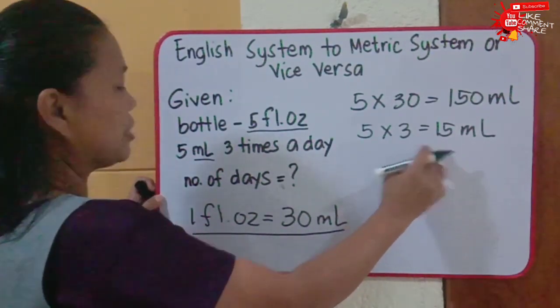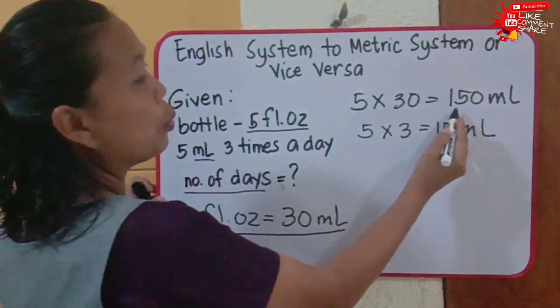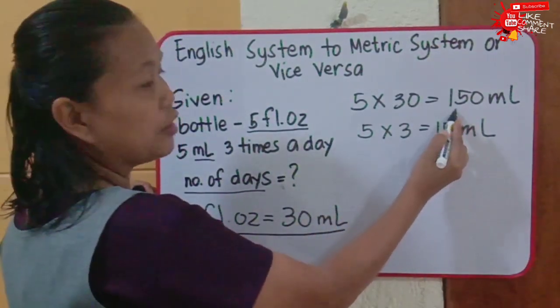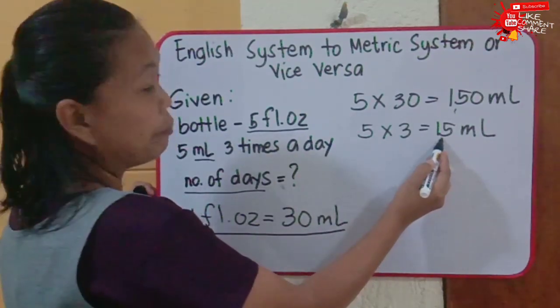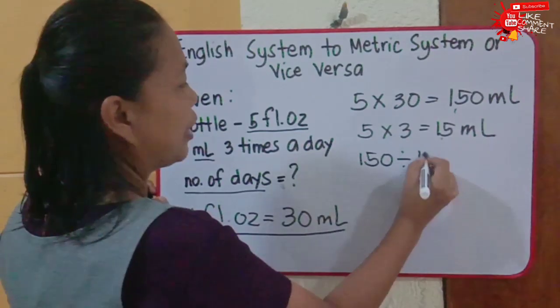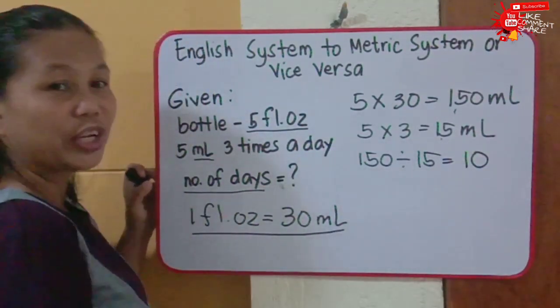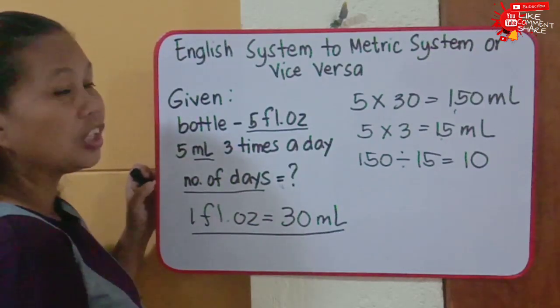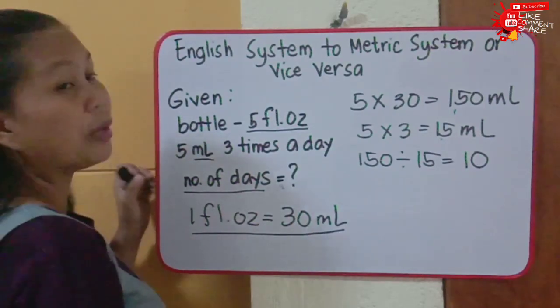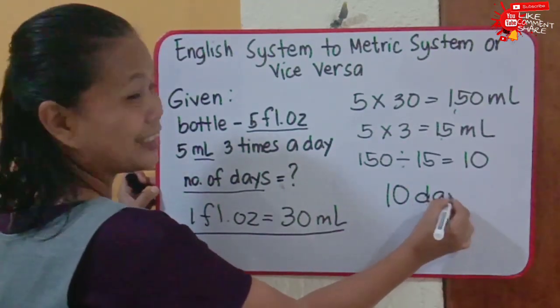But since the problem is asking for the number of days, we will divide 150 by 15. So 150 divided by 15 is equal to 10. So it means that the person will drink one bottle of medicine in 10 days.